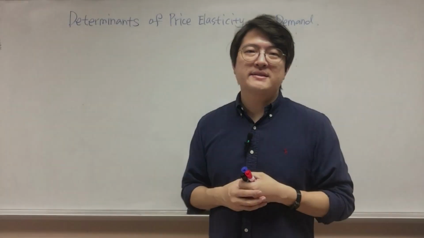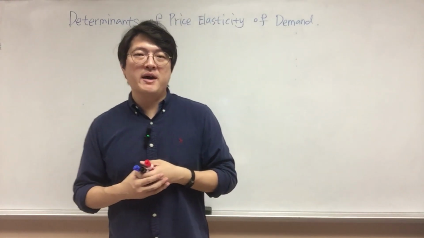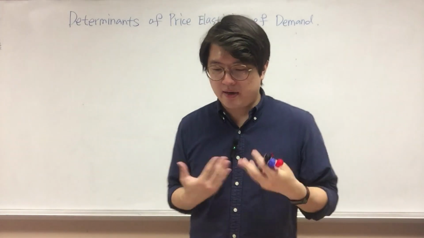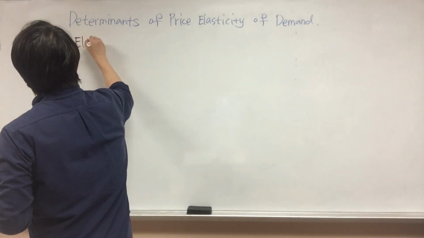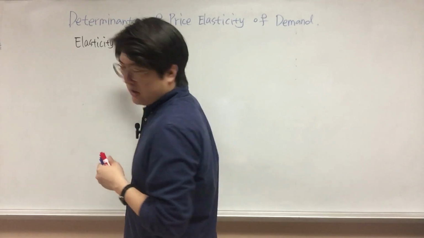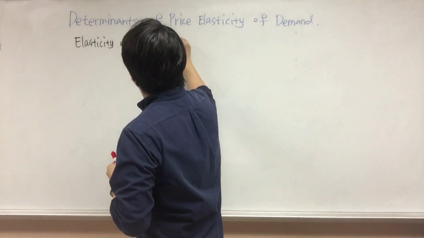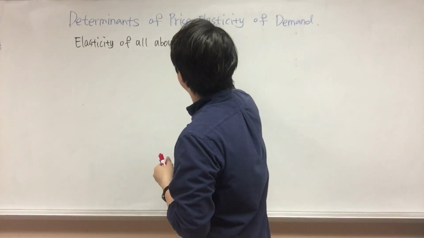Good. Okay, next, let's look at the factors that determine the price elasticity of demand. Okay, so elasticity is about alternative possibility. Elasticity is all about substitutability.